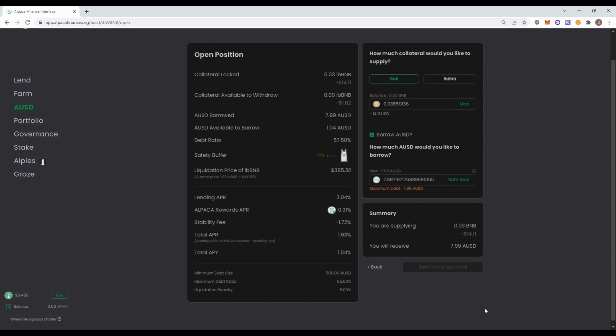Of course, if we were to borrow against BUSD or USDT, the safety buffer and everything liquidation related would be a very minor concern, as BUSD or USDT are stablecoins and therefore are not expected to drop in price, which could lead to liquidation. So this is unique to borrowing against BNB, which is of course a volatile asset, so please keep that in mind.